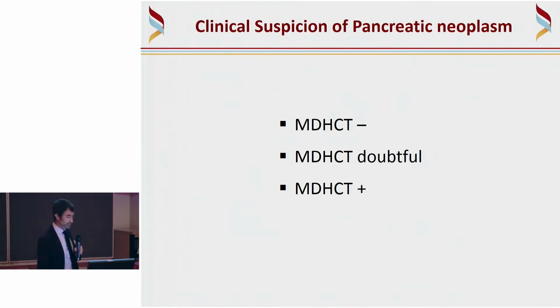And there are 3 possible situations, because in all patients with a clinical suspicion of pancreatic cancer, every time we do a multi-detector helical CT. So multi-detector helical CT could be negative, doubtful, or positive.